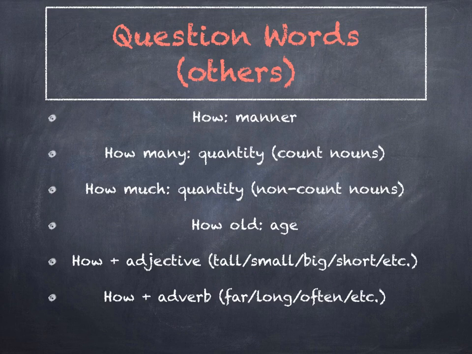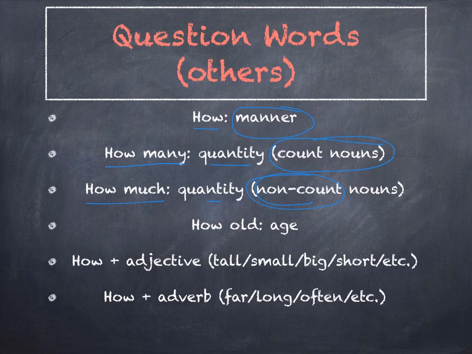Finally, let's take a look at the other question words, those that don't start with WH. How is looking for a way to do something, a manner. How many will be used for quantities, things that you can count only. How much, same thing, is used for quantity, but this time things that you cannot count.